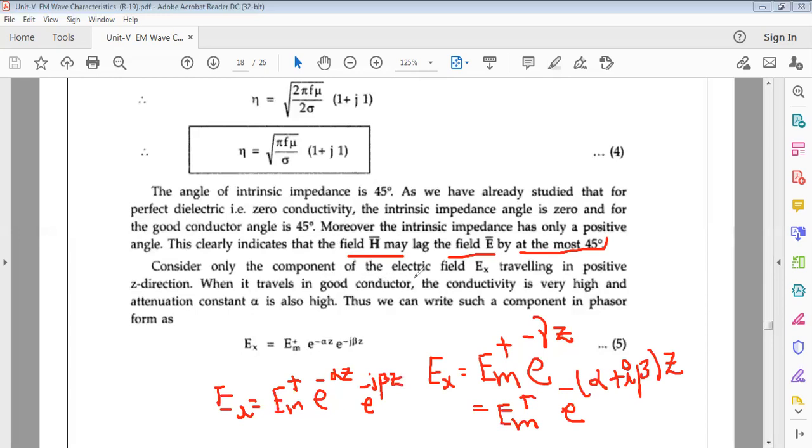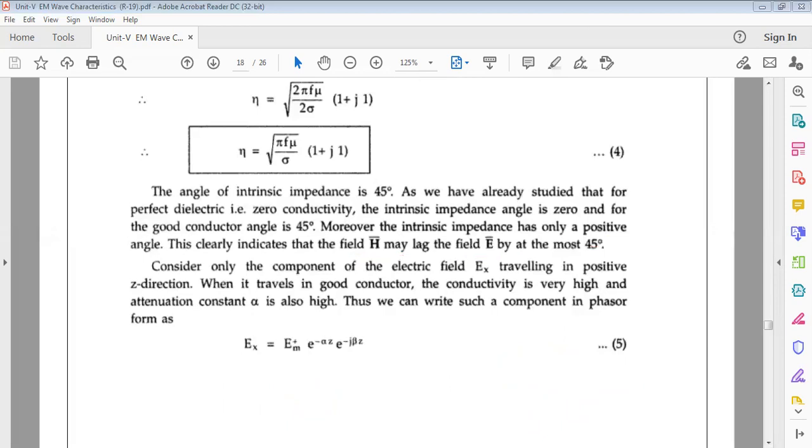Consider only the component of electric field Ex traveling in the positive z direction. When it travels in a good conductor, the conductivity is very high and the attenuation alpha is also very high. Thus, we can write the phasor form as Ex equal to Em e power minus alpha z into e power minus j beta z.